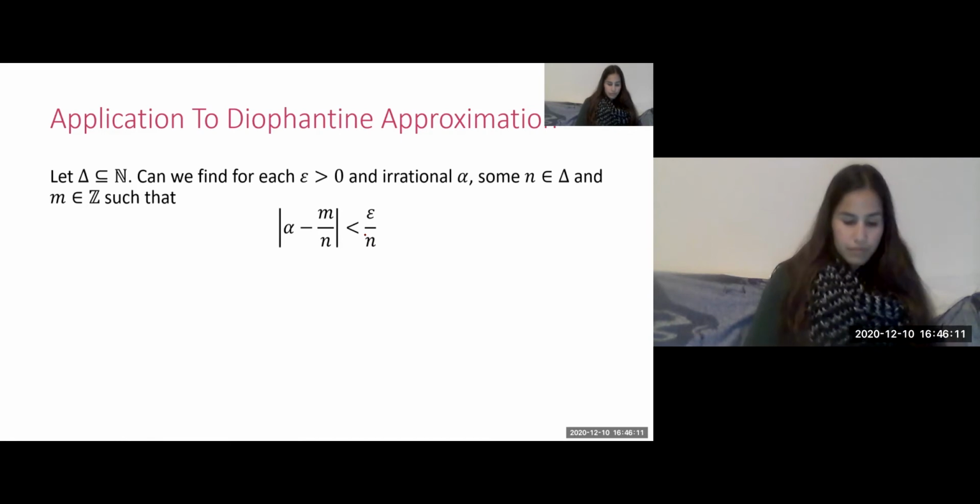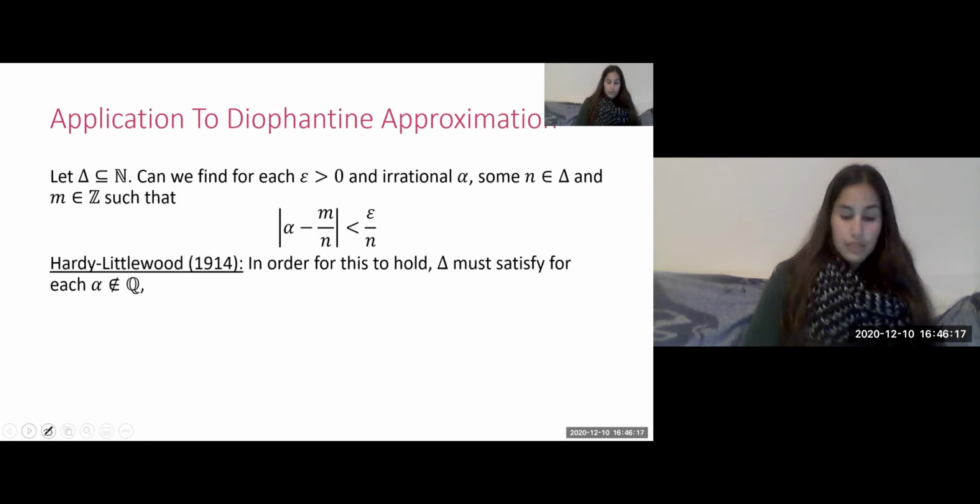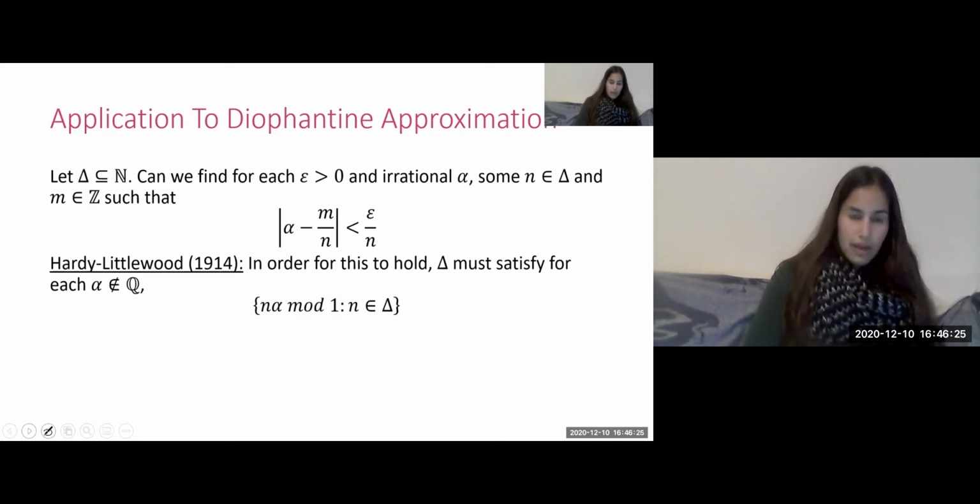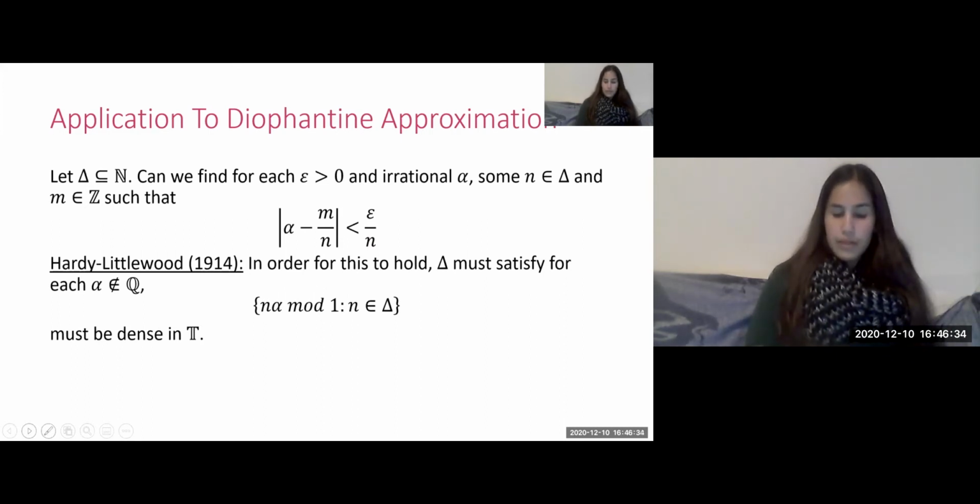Here, there's a nice, very old theorem by Hardy-Littlewood, which says that in order for this to hold, this set of denominators must satisfy, for every alpha that's irrational, that n alpha mod 1, where n is in the set of denominators, must be dense in the torus. Let me explain in short why these two things are equivalent.